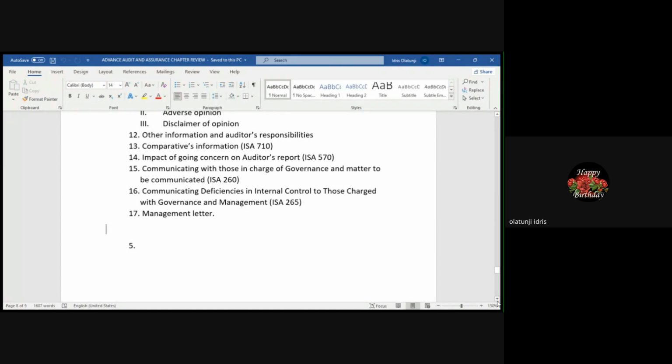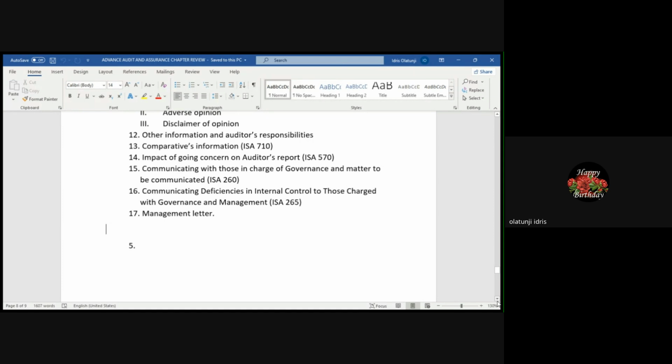Let me use an example for you to understand. Management letter. Let me see. Okay. Management letter is the letter sent out by the auditor first, before the commencement of audit, that the client or the organization needs to give them the following information.